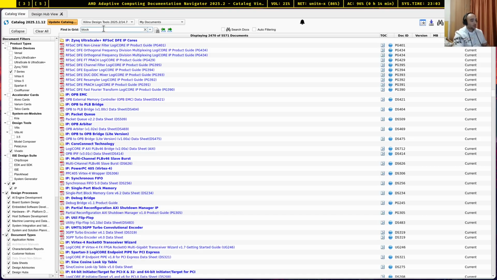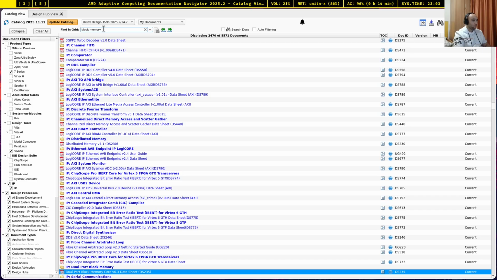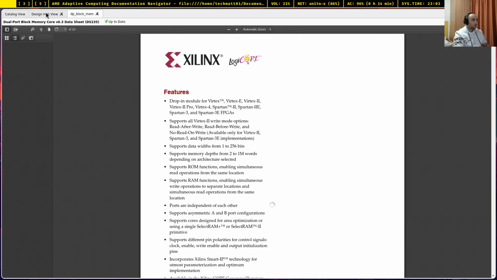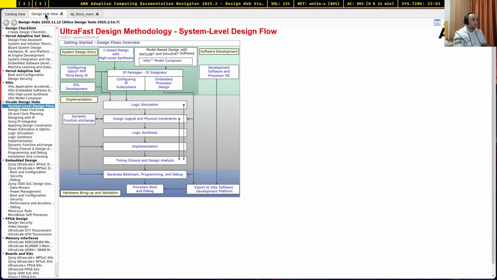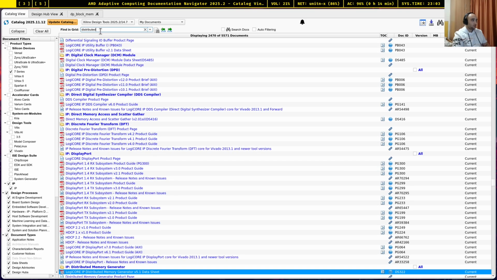Let's search block memory for it. Dual port block memory controller. Datasheet. Yes. And let's also open the distributed memory generator.